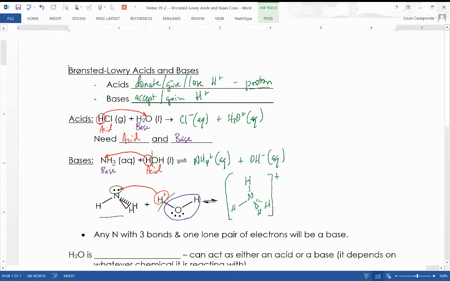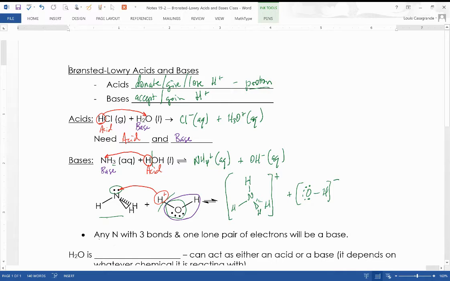And the hydroxide ion, the O and the H, the oxygen now has 3 lone pairs on it. And if you count up all your electrons and your charges, you'll find that gives you a negative charge. And so that's what's going on whenever we have ammonia.